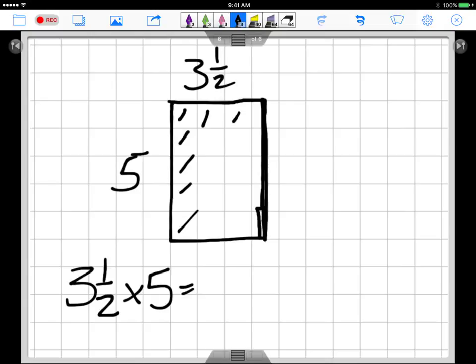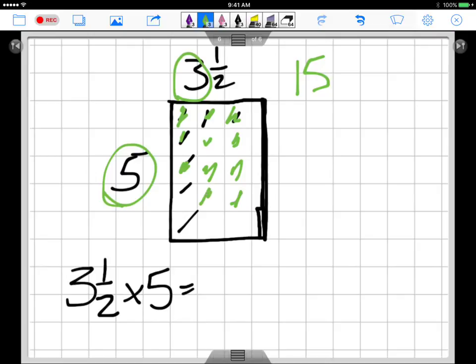Again, we're going to figure that out. So I count up my squares, or I say, okay, 3 times 5 is 15. Let's check that. 1, 2, 3, 4, 5, 6, 7, 8, 9, 10, 11, 12, 13, 14, 15. So we got that right.